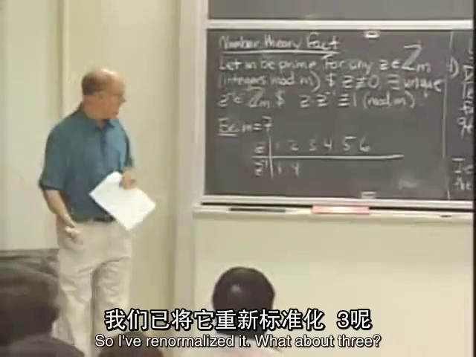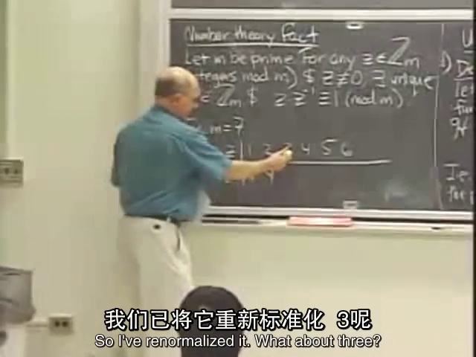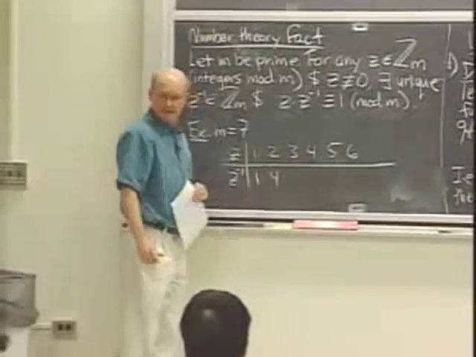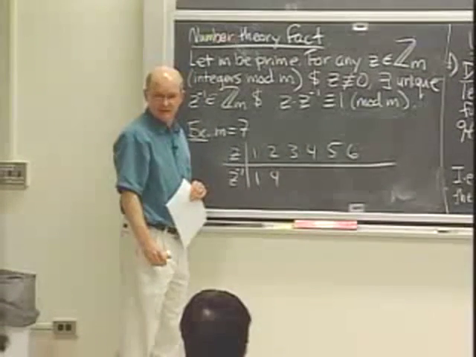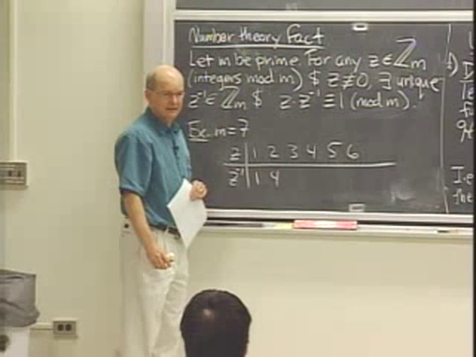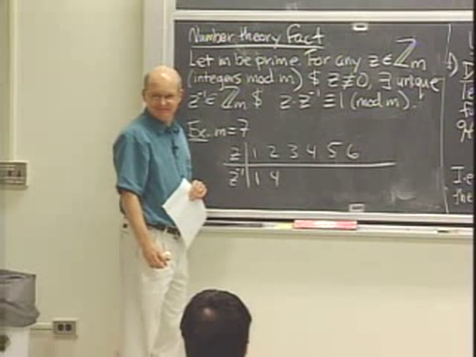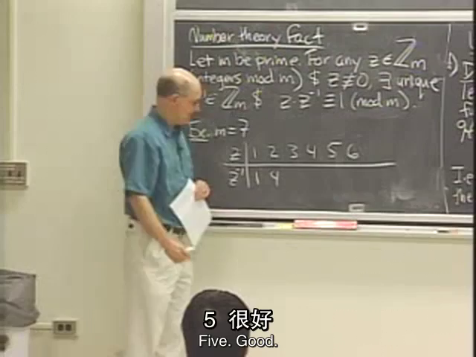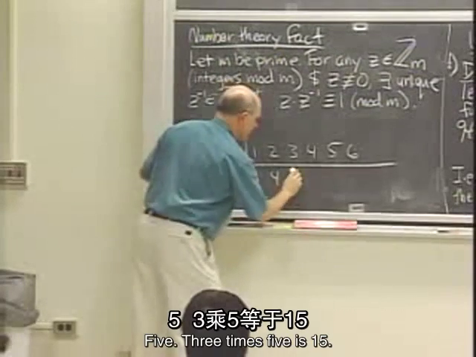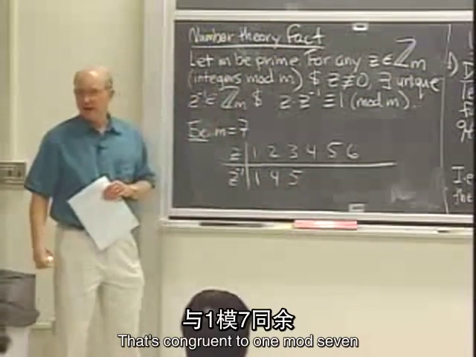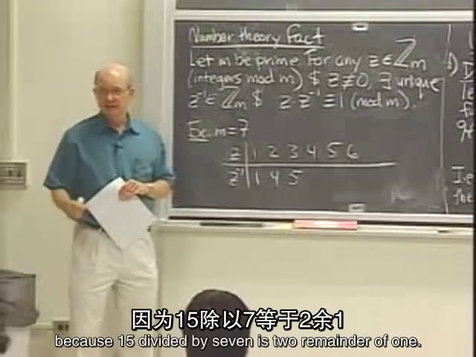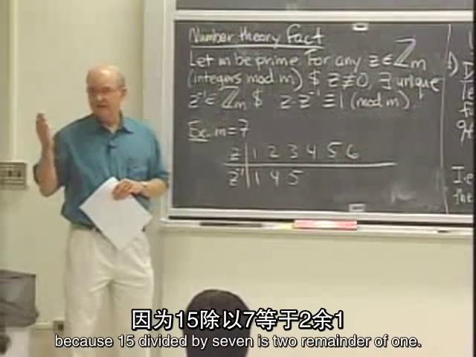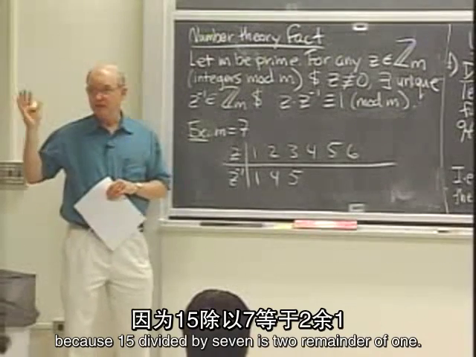What about 3? 5, good. 3 times 5 is 15. That's congruent to 1 mod 7 because 15 divided by 7 is 2 remainder 1.